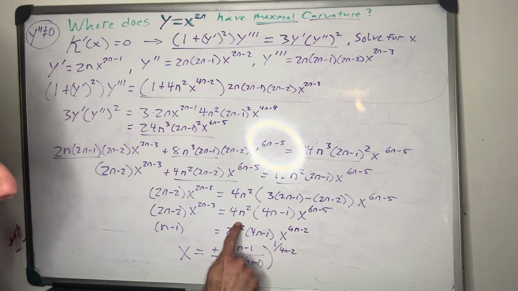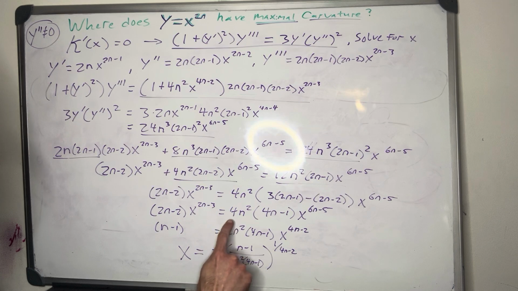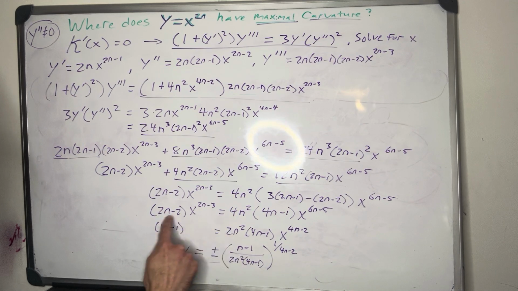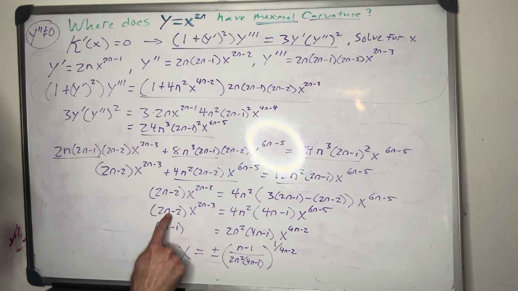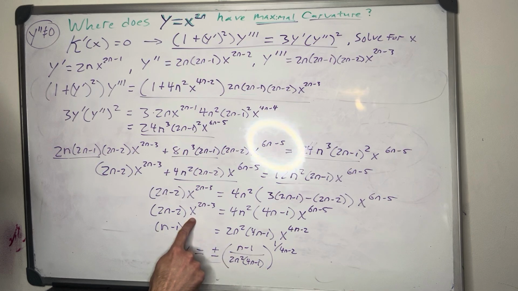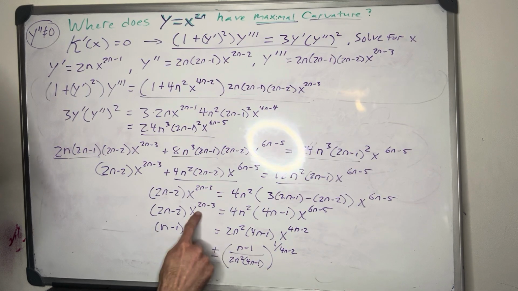So simplify that, and then you can divide through by 2, since there's a common factor of 2, so you can clean that up a little bit. You get n minus 1 over here, and then we divide, as long as we're not dividing by 0.